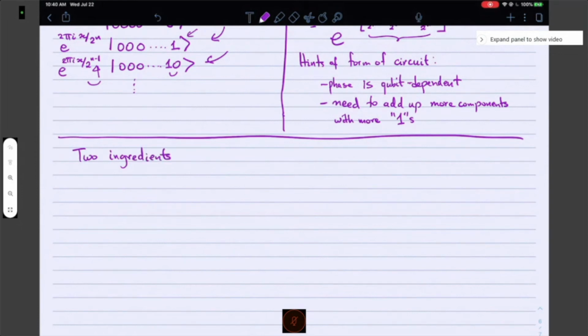The only way I know how to create phases like 0 plus e to the 2 pi i something here 1, at least the very first way that I can think of, is by using a Hadamard gate. So the first ingredient that I need is a Hadamard gate.